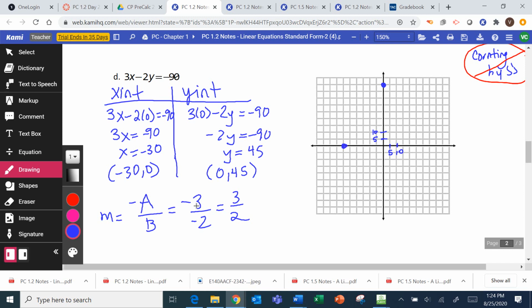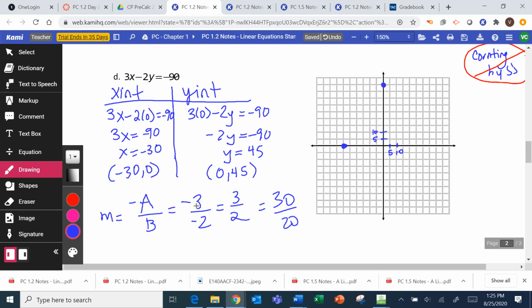And then I want to use my slope to find some more points. So my slope is up 3/2, but going up 3/2 is really, really tiny. So what Kevin and I were just talking about is slope's a ratio. You could go up 30/20 if you want. Or what are my boxes worth?